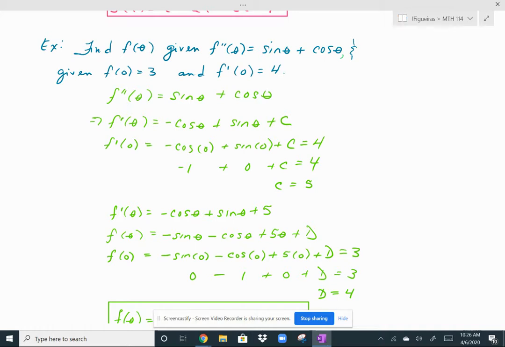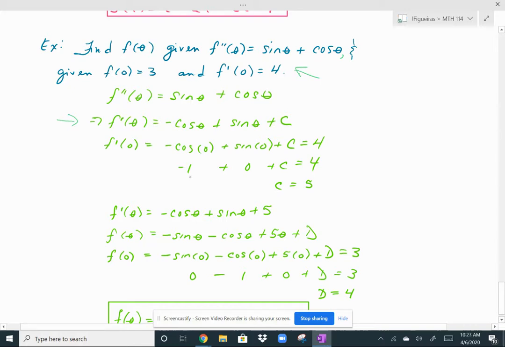So f prime is what you see here. The antiderivative of sine is negative cosine of theta. The antiderivative of cosine is sine of theta. Then you attach your constant. Then you plug in your condition for the first derivative. So I have f prime of 0 is negative cosine of 0 plus sine of 0 plus c equal to 4.